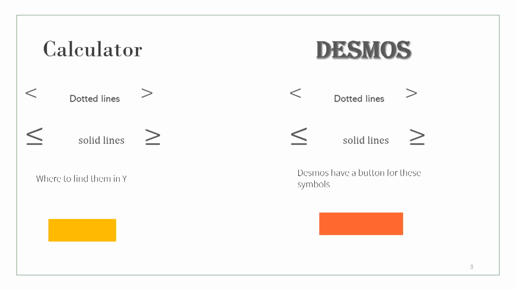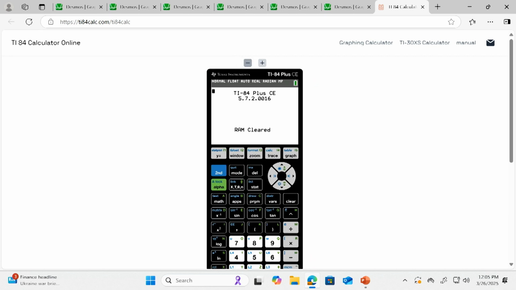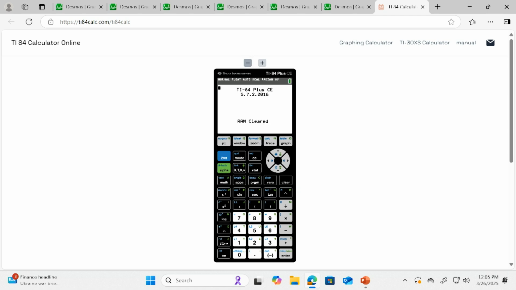So let's go ahead and look at our calculator. Now, if you'll just work with me, I just want to show you how these features work. The first thing I'm going to do is go to my y equals function. I'm going to take my left arrow and scroll left and press enter.